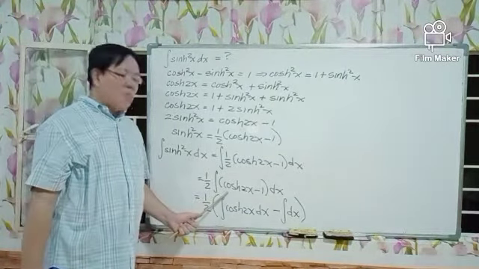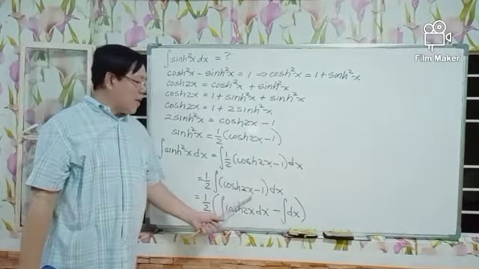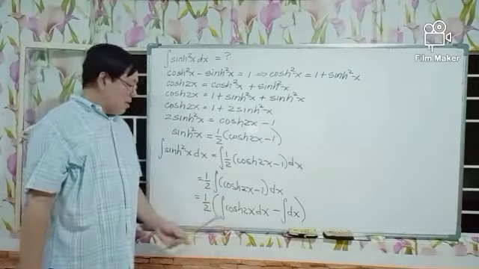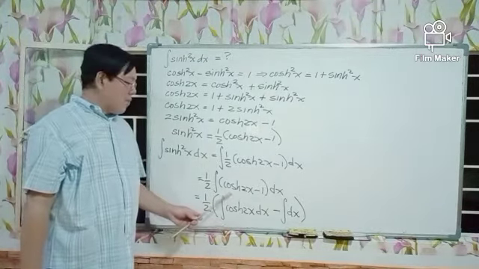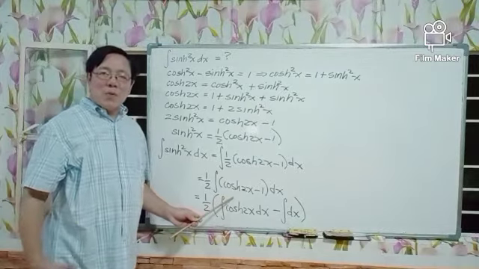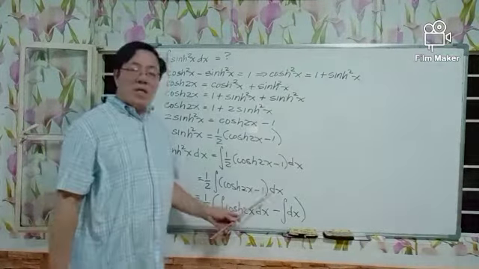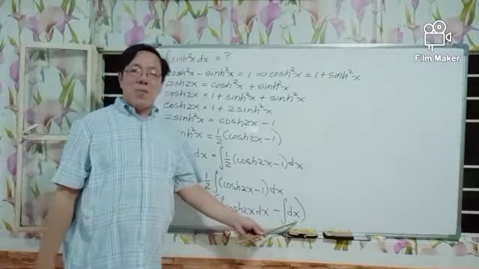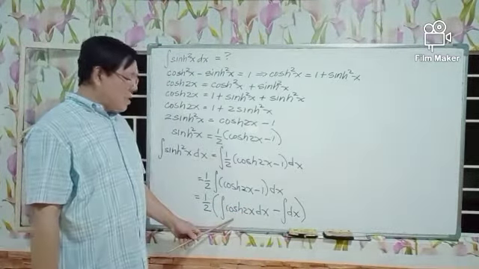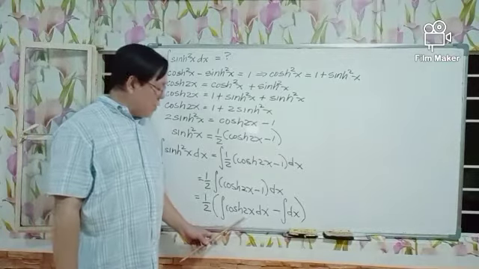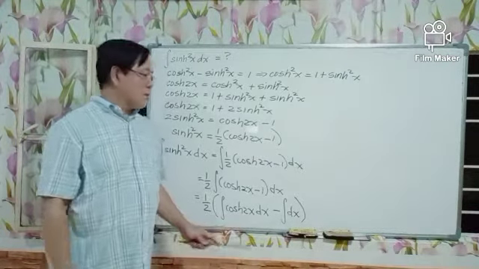The integral of hyperbolic cosine of 2x minus 1 with respect to x is equal to the integral of the first term, hyperbolic cosine of 2x with respect to x, minus the integral of 1 times dx, or integral of dx. To integrate the first term, we let u be equal to 2x.